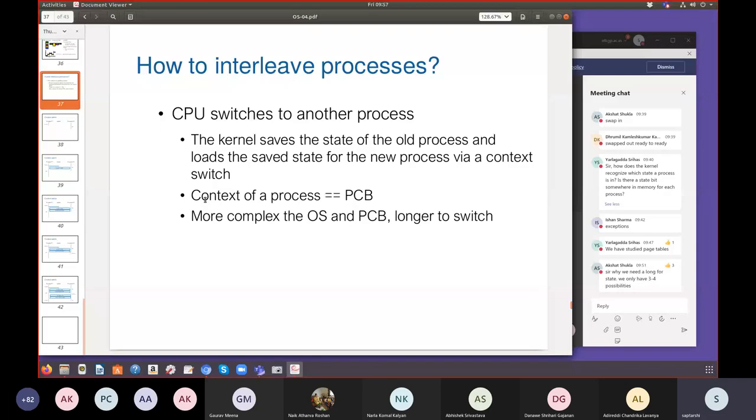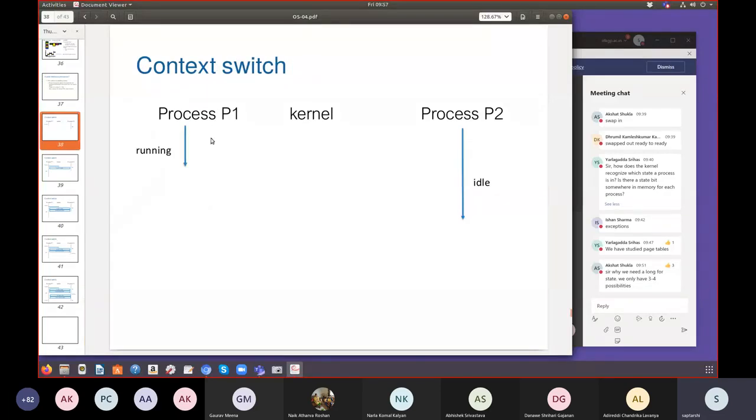So the picture will look like this, just another pictorial representation to make things clear. We are now talking about only two processes, P1 and P2, and there is the kernel. Suppose at this point P1 is running, so P2 is idle, kernel is also idle.